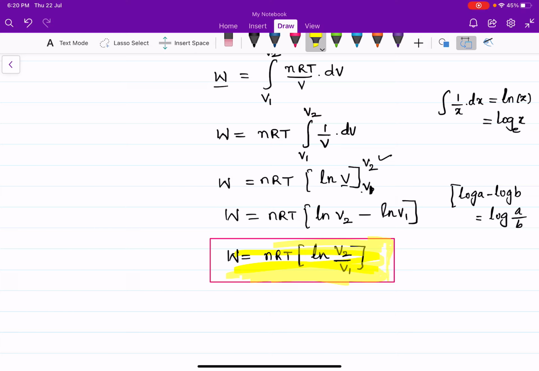Dear students, see here we know PV is equal to constant. That means P1 V1 is equal to P2 V2. The product of pressure and volume at the initial stage must be equal to the product of pressure and volume at the final stage.